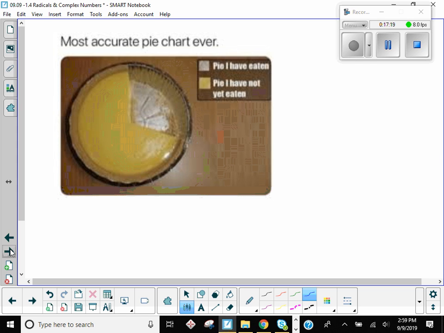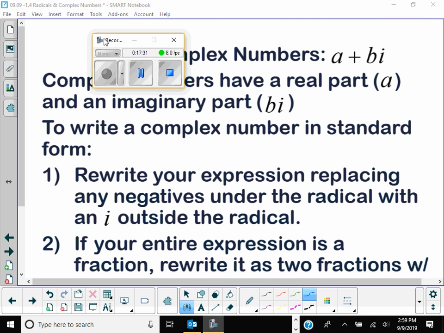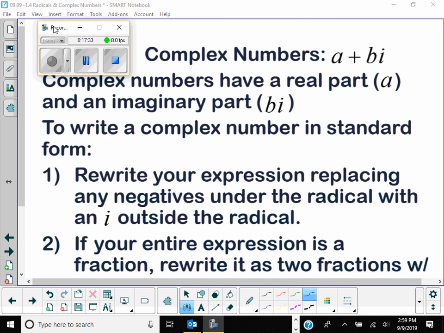It's great. All right, complex numbers. Complex numbers have a real part A and an imaginary part Bi. Let me just get this out of the way so you can see. So when we were classifying real numbers, we had the set of rational numbers and the set of irrational numbers, and that made one bigger set of what numbers?